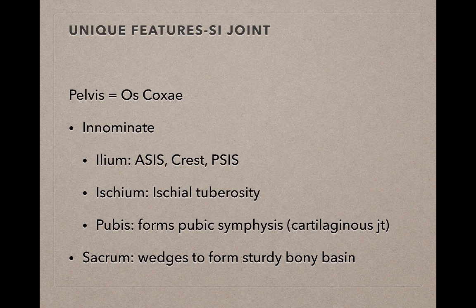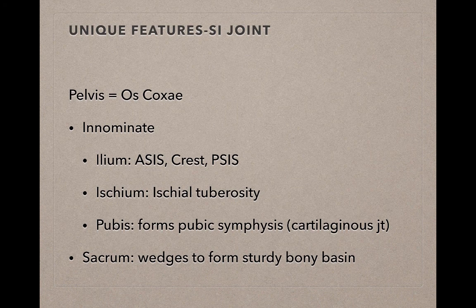And the crests. The crests are going to be useful in helping us approximate what level of the lumbar spine we're palpating. The ischium, of course, has the ischial tuberosity, the bony prominence that is often referred to as the sit bone. That's one that we will not use for goniometry, but certainly is very important to know.